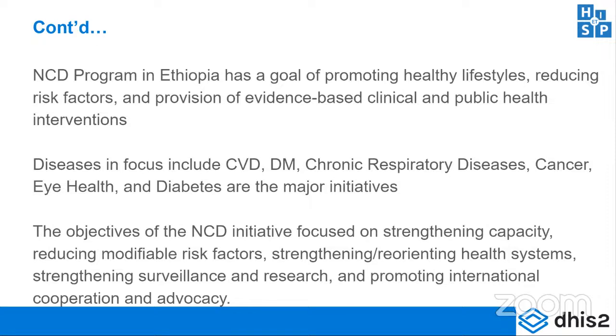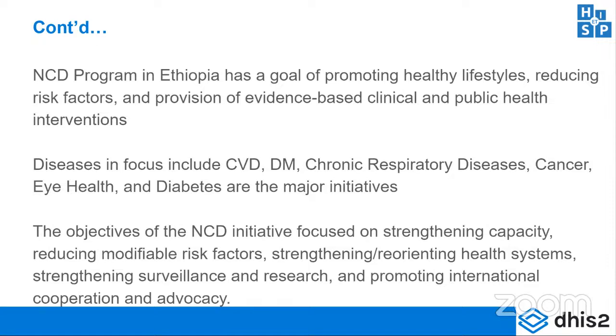As you can see, it's more on the prevention side, focusing on changing lifestyle and reducing risk factors. The diseases they are focusing on include cardiovascular diseases, diabetes, chronic respiratory diseases, cancer, eye health, and other major initiatives.